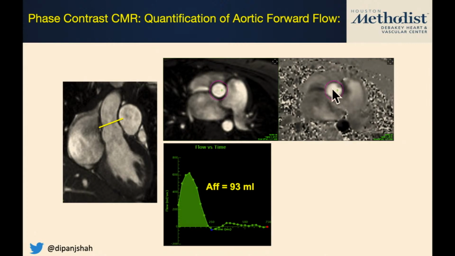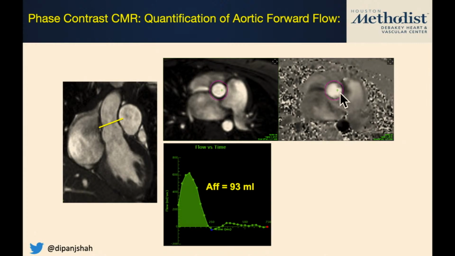What it generates for you is really a series of frames at different points in the cardiac cycle. On each frame, the velocity of each pixel is encoded and displayed by intensity as well as direction. In this patient, flow in the ascending aorta, which is going in the head to foot direction, is white in color, whereas flow in the descending aorta is black in color.